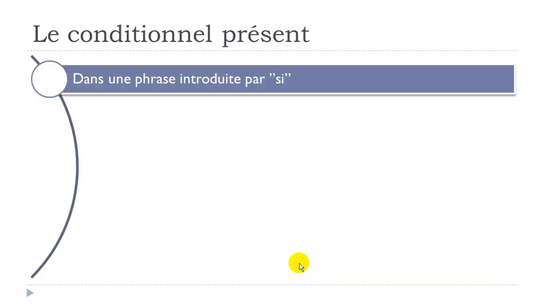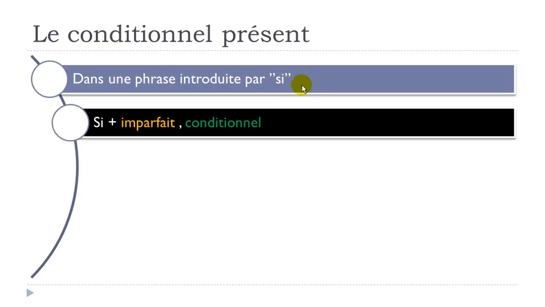Another use of this conditionnel présent is if you want to construct a sentence, like in English, with this if. Okay? So if in French is si. And then the rule is quite strict in French. If you start with this si, then it should be followed by the imparfait form.